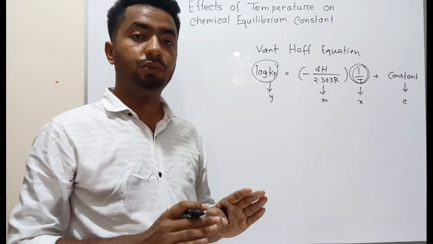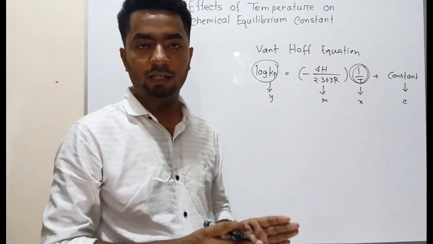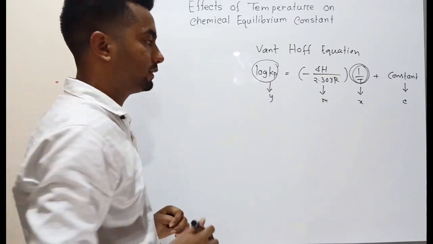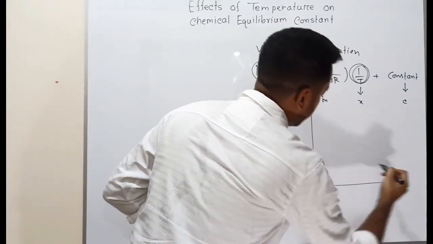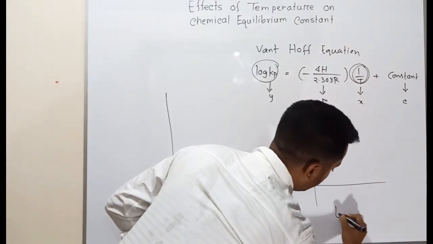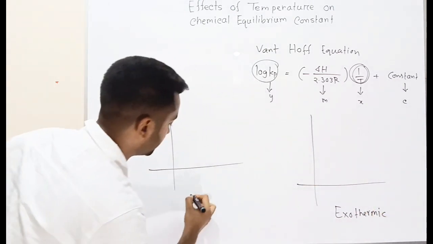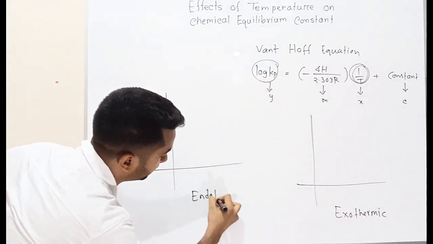We are going to draw the curve both for exothermic and endothermic reactions. Two lines will be obtained: this one is for the exothermic reaction and this one is for the endothermic reaction.